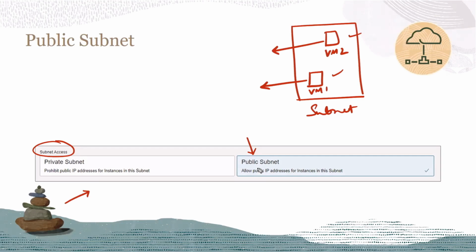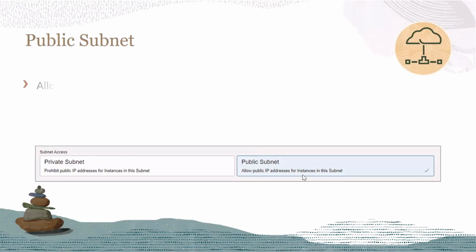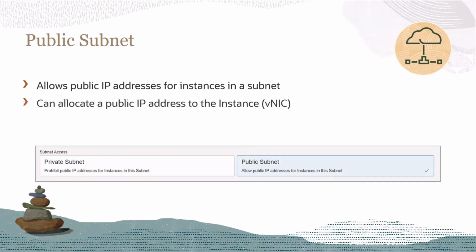So this is something that you need to understand. So it allows public IP addresses for the instances that will be deployed inside the subnet. Right? So public IP address actually is allocated to the instance virtual NIC.